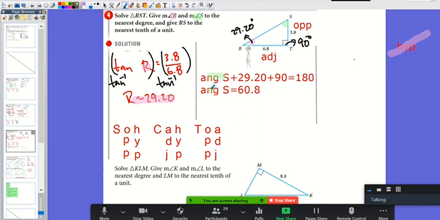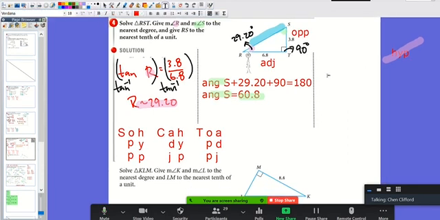Okay. Now for the last one, for RS. Okay, for RS, which is this segment right here, you can use trig. Okay, you can use trig again, but you can also use Pythagorean theorem.